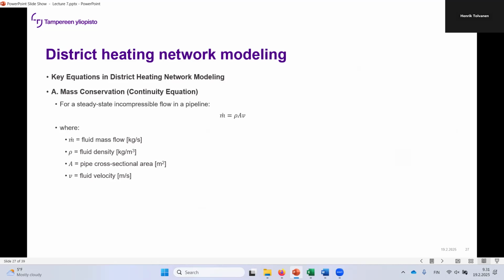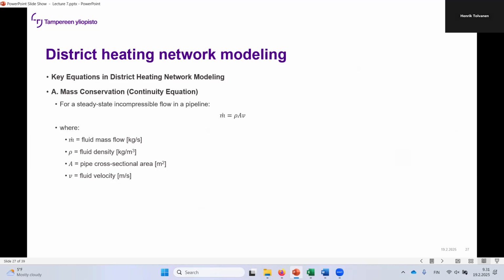So for a steady state incompressible flow in a pipeline, mass flow equals density, cross-sectional area, and velocity. So that's something that you all have to know. You have to be able to apply that, because that enables you to calculate the velocity of a system. You have, for example, a DN400 pipeline.